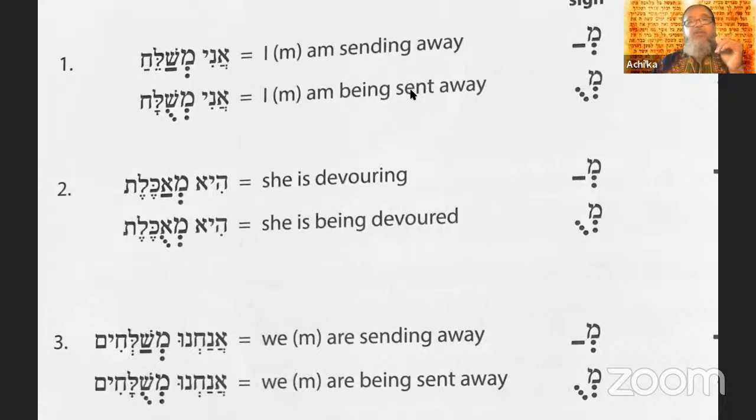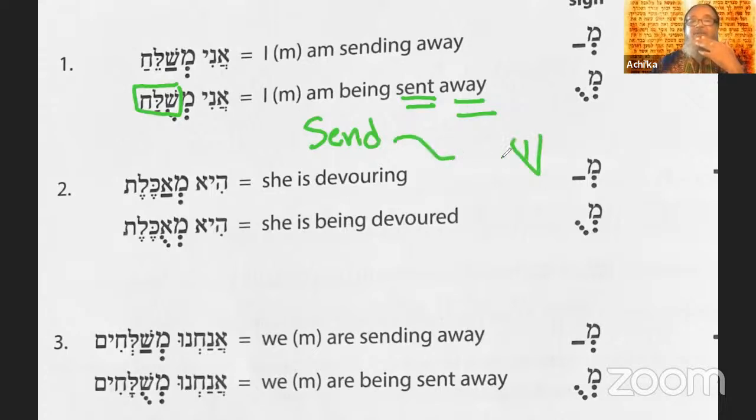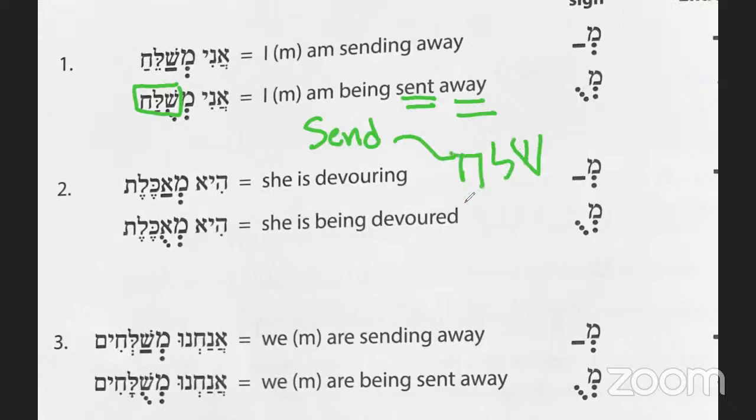How do we know that it's not just sent off of the 3-letter root? Because that's what it means to send. But it's sent away. What's making it sent away? Because shalak by itself, go ahead. Oh, I was going to say the 3 dots.